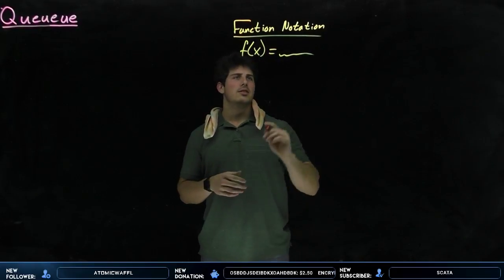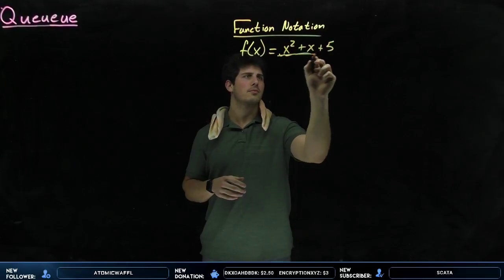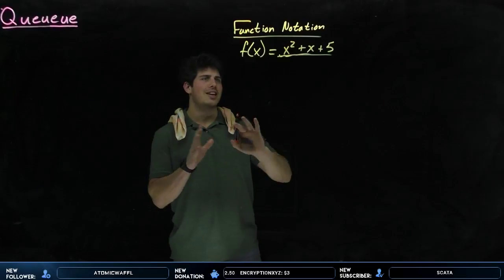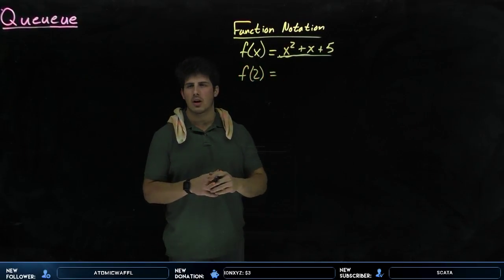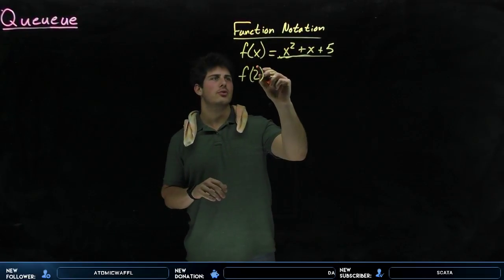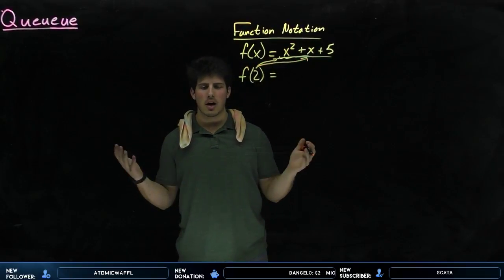Let's say we have f of x equals x squared plus x plus 5. Now I can say, what is f of 2? What does that mean? That means I'm plugging in 2 for every value of x, and then I just evaluate it.